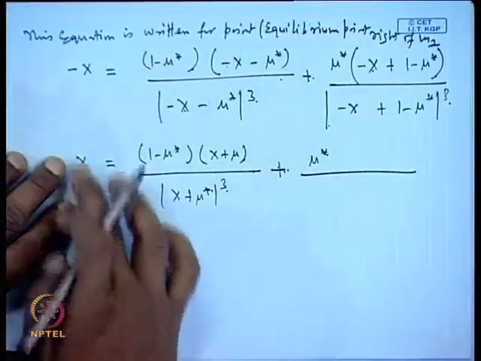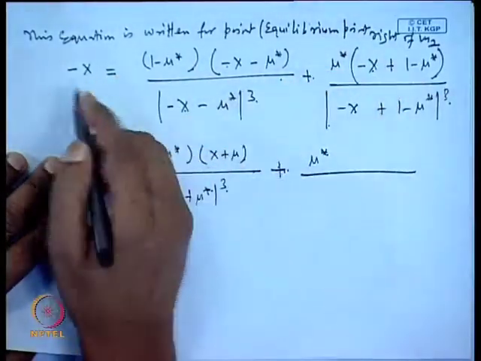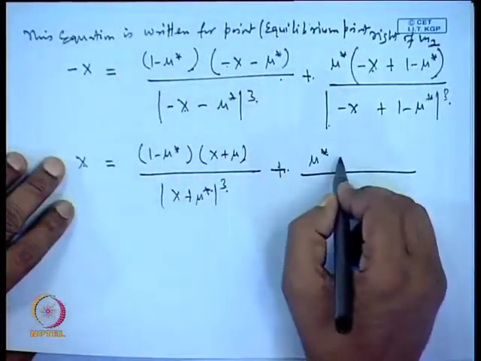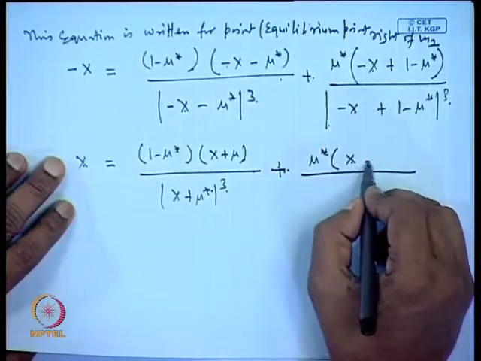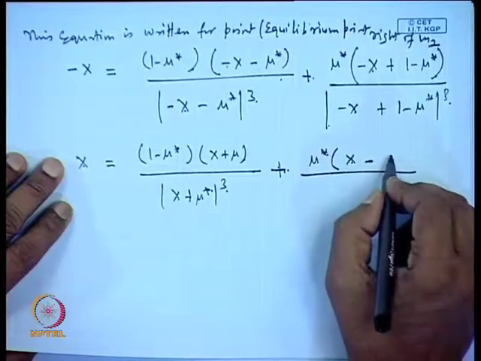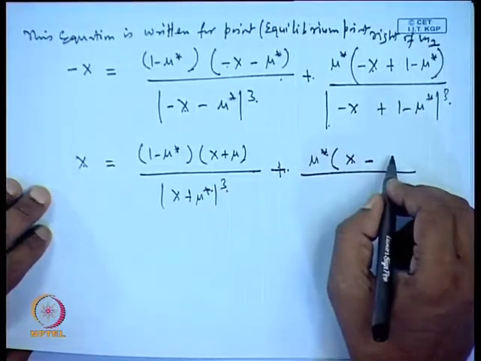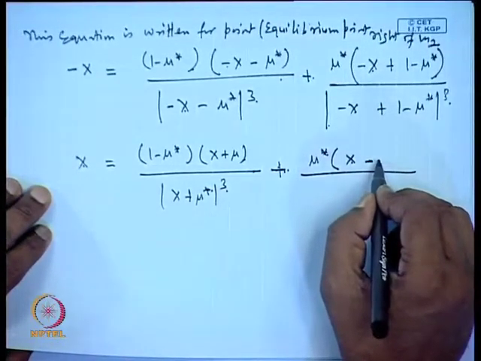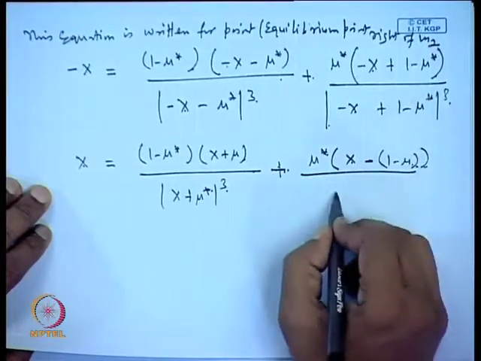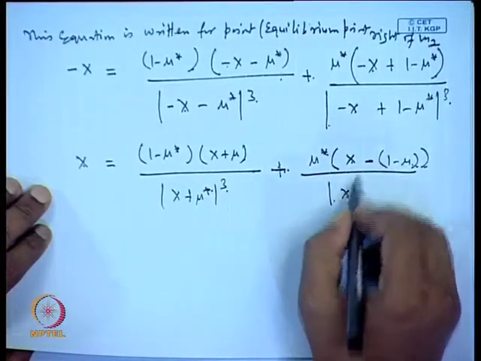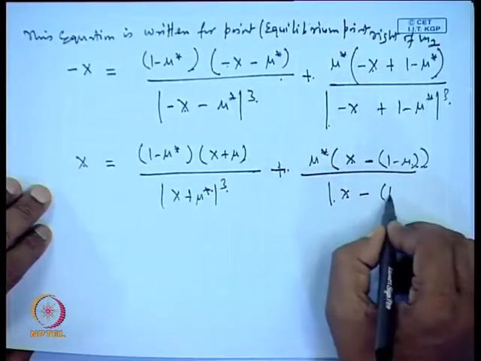What we are doing is taking out the minus sign from everywhere and cancelling it with this sign. So, this gets us x minus 1 minus mu, and this also can be written as x minus 1 minus mu.